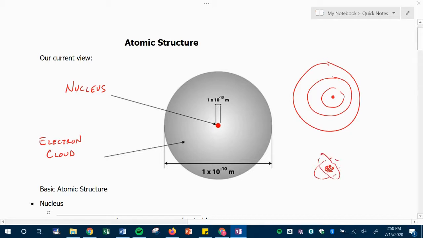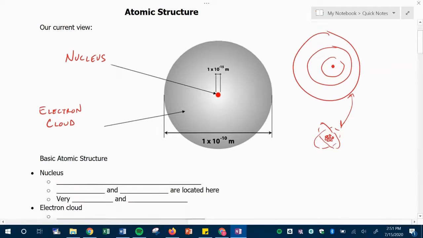Now, in reality, our view has changed a whole lot over the last 100 years. And that's really what it comes down to. It's really a combination of both of these different models, the Bohr model and the Jimmy Neutron logo. That's something that you'll talk more about later on in the year, but let's hit on some of these other basics.